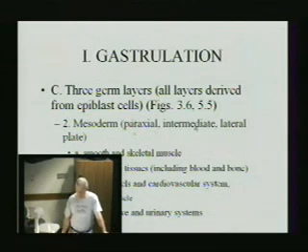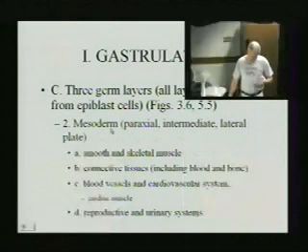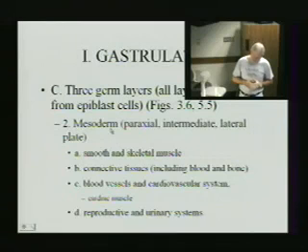There will be paraxial, intermediate, and a lateral plate of mesoderm. So I guess I should emphasize that the previous slide was making that point again, that the nervous system is one of the structures or organ systems, the central nervous system, that will originate from the ectoderm.